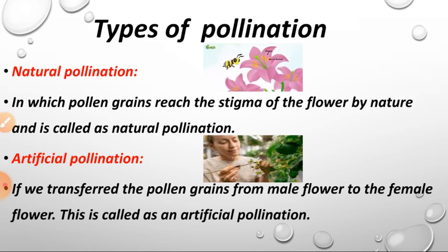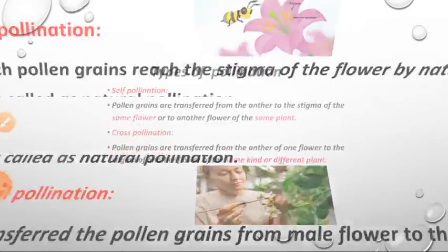First, what do you mean by pollination? Pollination means the pollen grains from the male part of the flower reaching the stigma, the female part of the flower. We have two types of pollination: natural pollination and artificial pollination. If the pollination process is taken up by nature, meaning birds, insects, wind and water, it is called natural pollination.